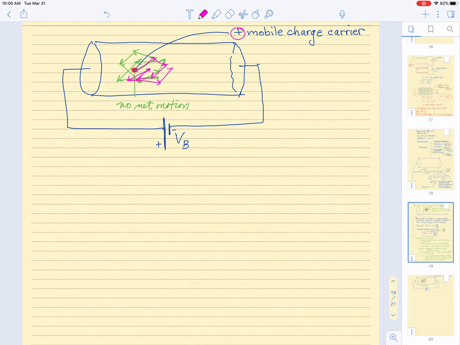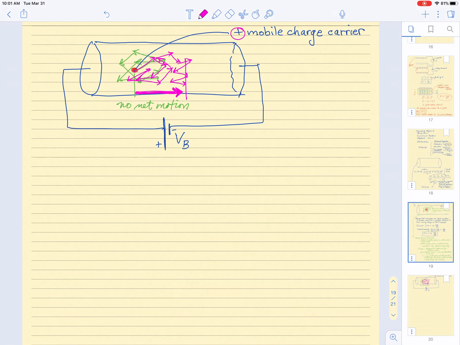But what we'll notice is that if we watch it for a long time, it's actually going to move from here to there, from left to right. So if we were to watch this for a long time, this charge carrier would not be in the same vicinity where we started watching it, but it would be downstream, so to speak.